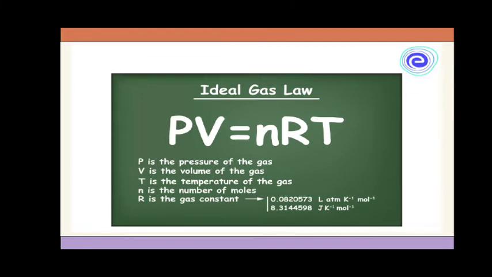P is the pressure of the gas, V is the volume of the gas, T is the temperature of the gas, and n is the number of moles. Then R is the gas constant, or the universal gas constant, which is 0.0820573 liter atmosphere per mole Kelvin. So what we will use is just 0.0821 liter atmosphere per mole Kelvin.